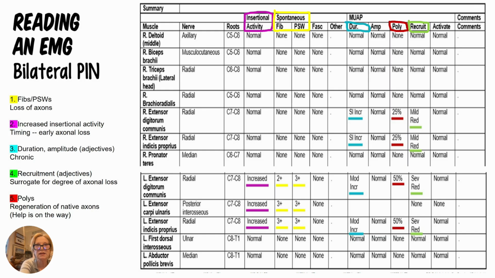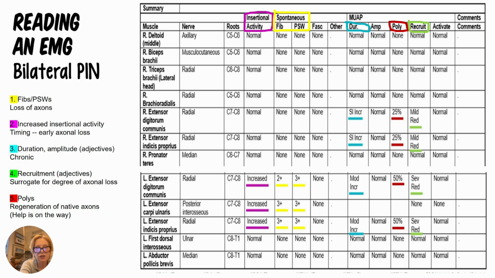So this is just a summary. Fibs and positive sharp waves mean loss of axons. Increased insertional activity means timing, early axon loss. When you start to see expansion with adjectives in front of the motor units and that turquoise there, where slightly increased, moderately increased, severely increased, that expansion is meaning they're chronic motor units.